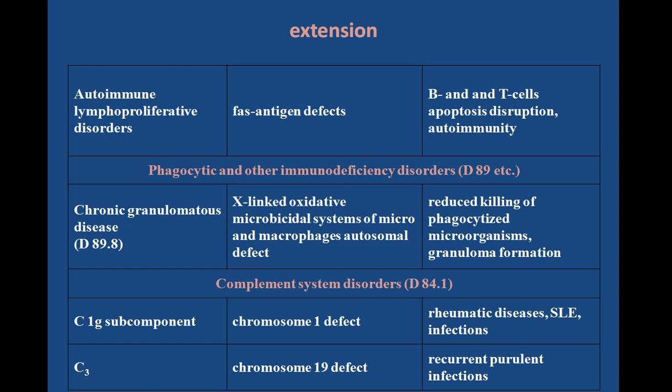D84.1 in the classification. It will be the C1q subcomponent of the complement. We can find a chromosome 1 defect, with the result being rheumatic diseases, systemic lupus erythematosus, and infections.